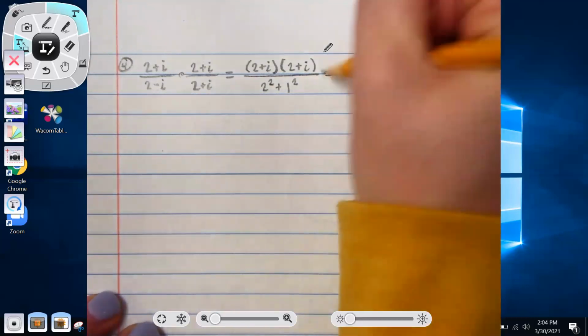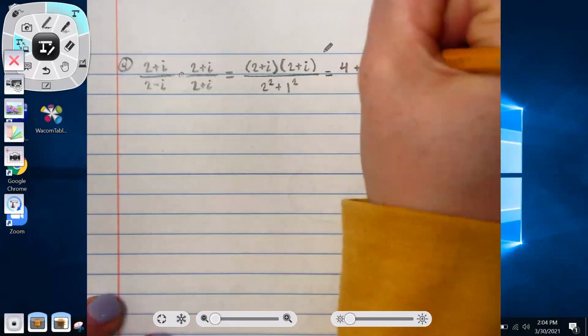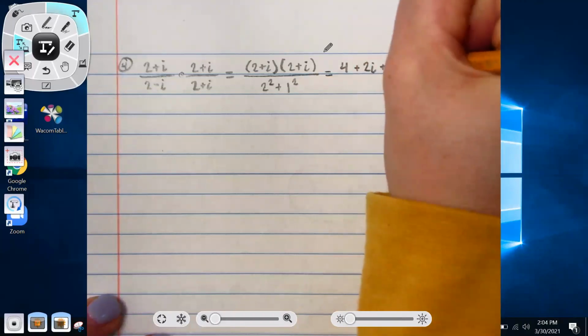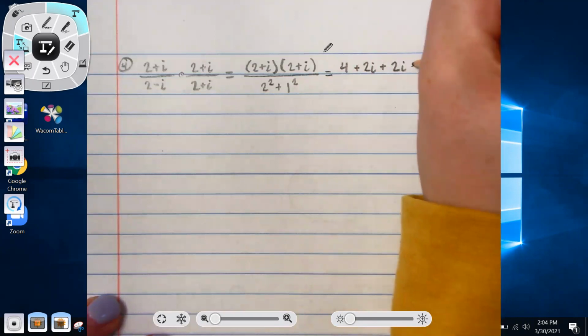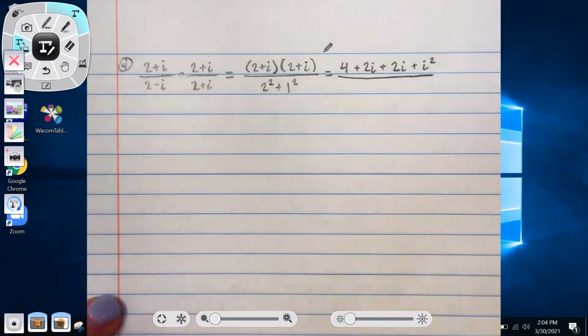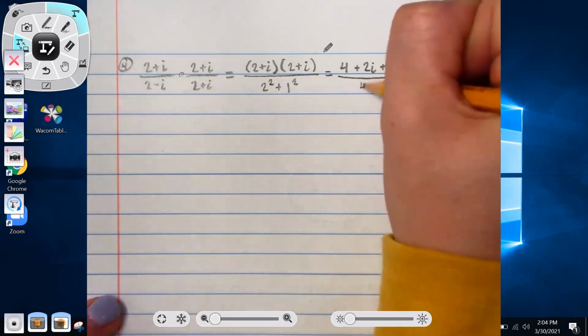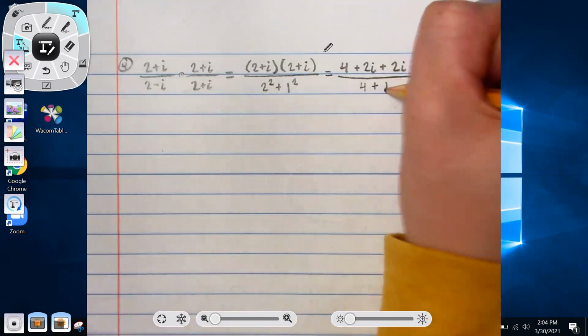Okay, use FOIL in the numerator to multiply. 4 plus 2i plus 2i plus i squared, over 2 squared, which is 4, plus 1 squared, which is 1.